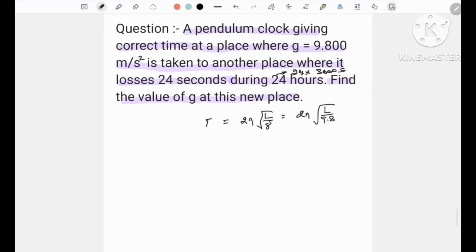Suppose in 24 hours the oscillations of the clock are n, then 24 into 3600 will be equal to n into 2π root of L by 9.8. Equation number 1.